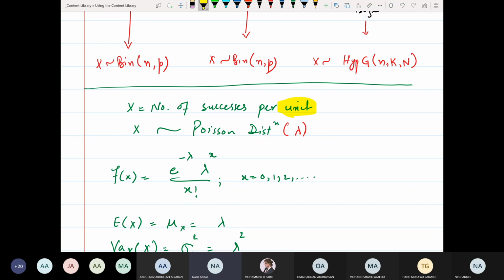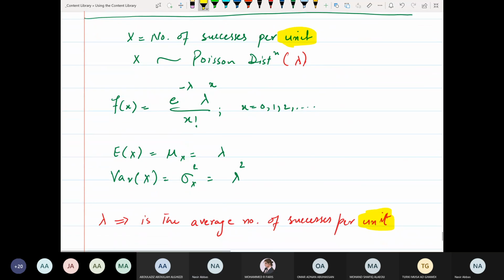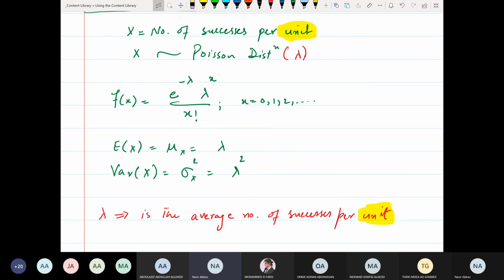Now I have just highlighted the word unit. This is one of the words we play around with in Poisson distribution. This is one of the words where you will see the tricks in the question. And you have to make sure when you are solving a question about Poisson distribution, you identify the value of lambda from the question.